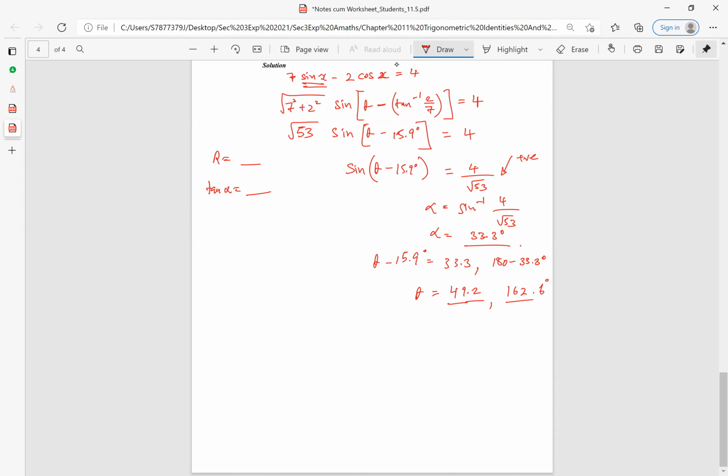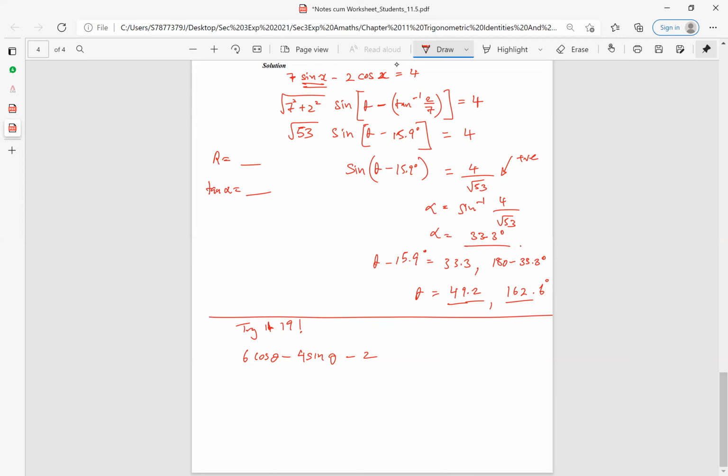So what are we supposed to do? Try it 19. So how do we do this, guys? Try it 19. So these are the variations, but the concept is still the same. But now what they have given you is 6 cosine theta minus 4 sine theta minus 2.